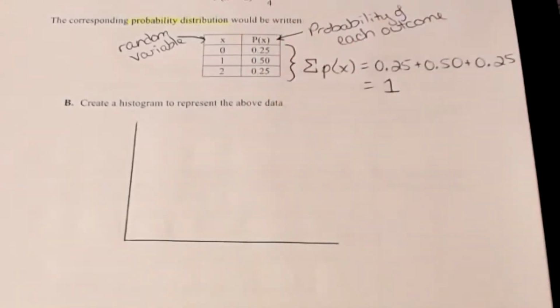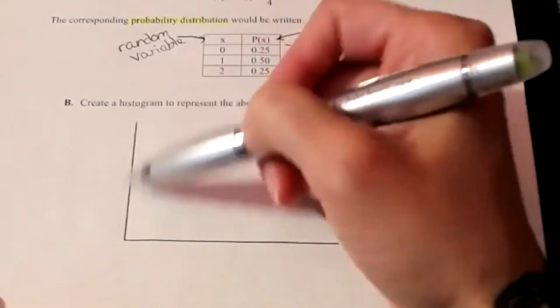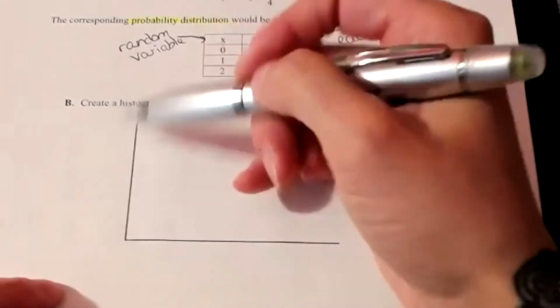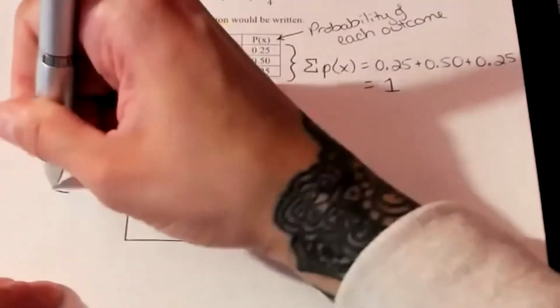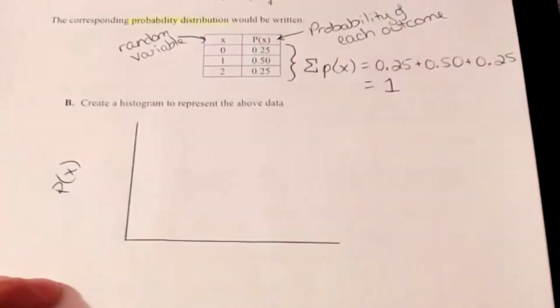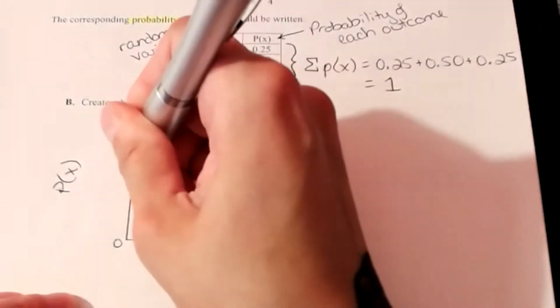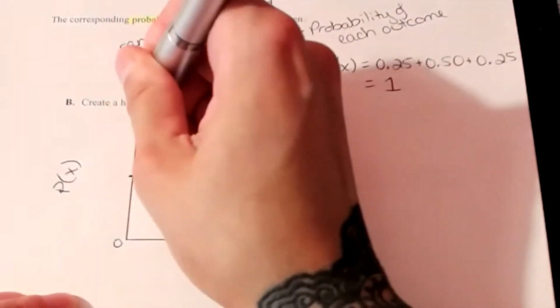Okay. So our vertical axis here, when you think about your y-axis, is going to represent our probability. So I'm going to go ahead and label that P of X. We're going to list our probabilities here in ascending order, so we're going to start with 0. What I like to do is try to space this out as evenly as possible. So I'm just going to start by putting my halfway point and then my maximum value.